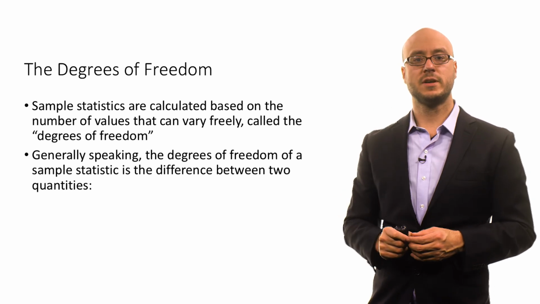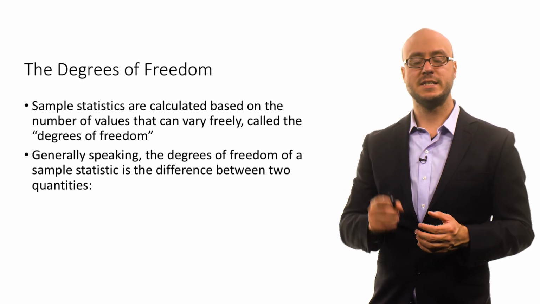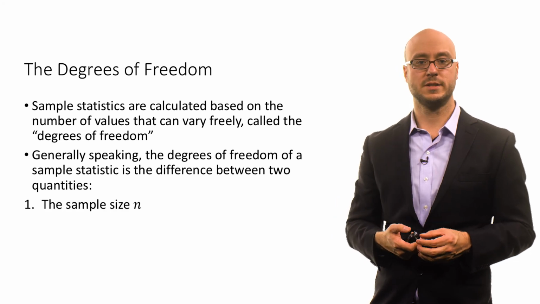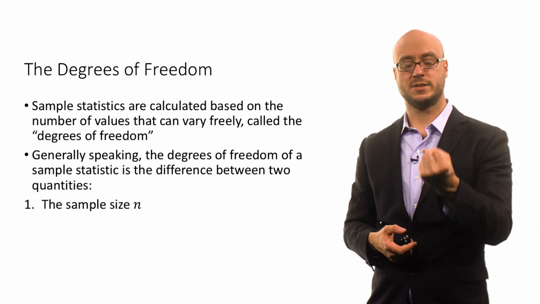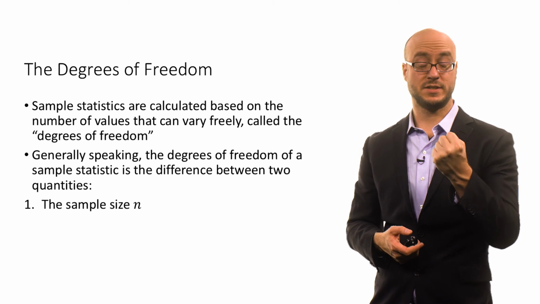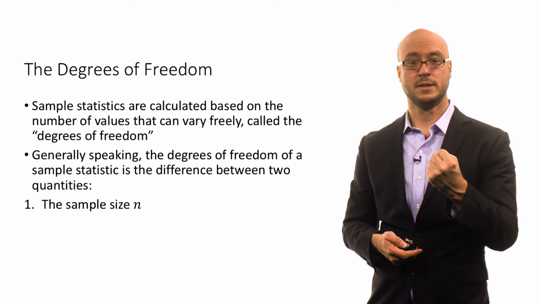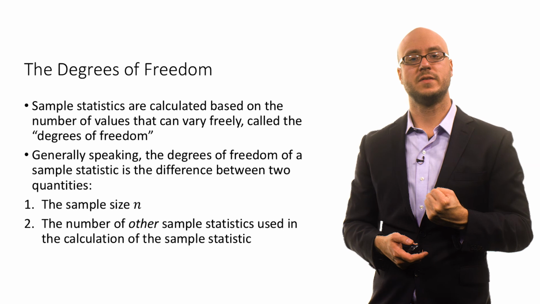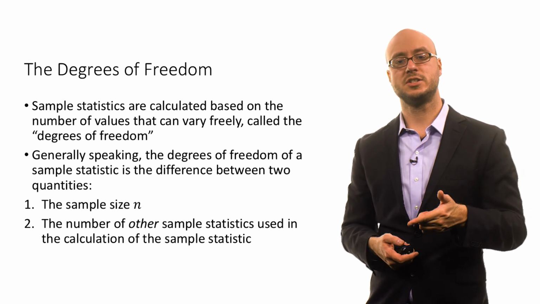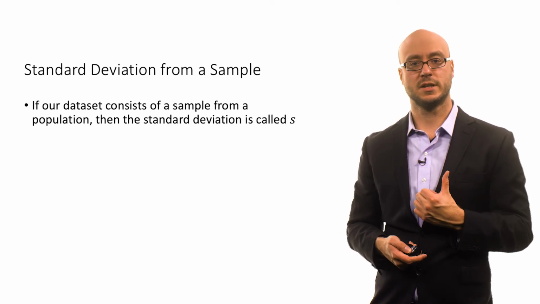In general, the degrees of freedom of a sample statistic is the difference between two quantities. It's going to entail this measure of sample size, lowercase n, and then it's also going to entail the number of other sample statistics used in the calculation of the sample statistic.